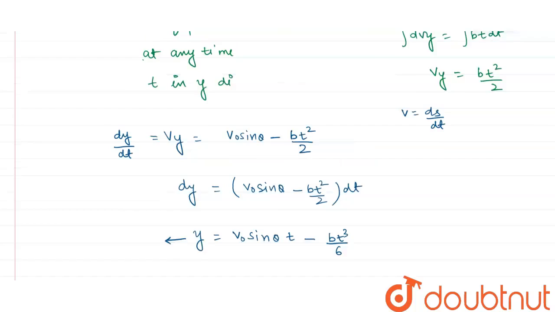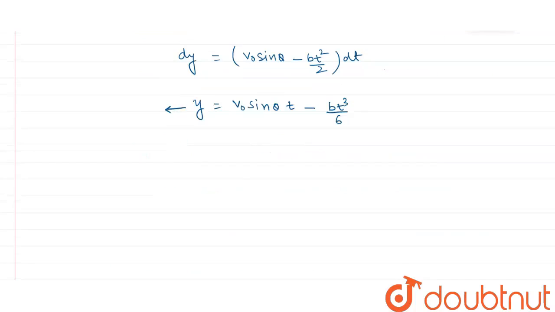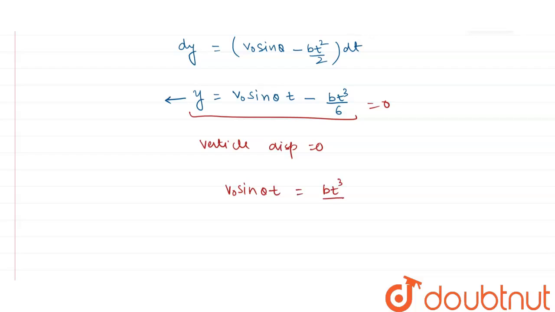Now as you can see, the vertical displacement is 0, because the point it starts moving from and the point where it ends its motion are at the same level. When the vertical displacement is 0, this whole value equals 0. So v naught sin theta t equals bt cube upon 6.